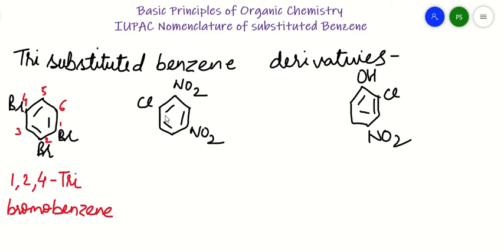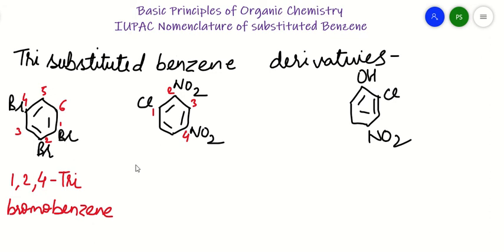Now let's see another compound. Children, we have to take care of alphabets as well as the lowest locant numbers for the substituents. So I will give this chloro position 1, this is 2, this is 3 and this is 4. On position 1 there is chloro, and on positions 2 and 4 I see nitro.